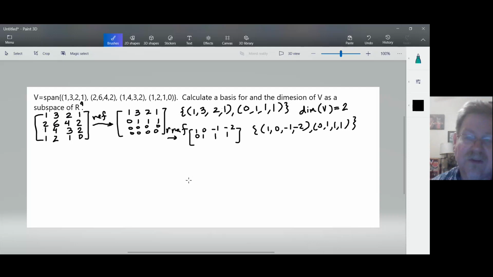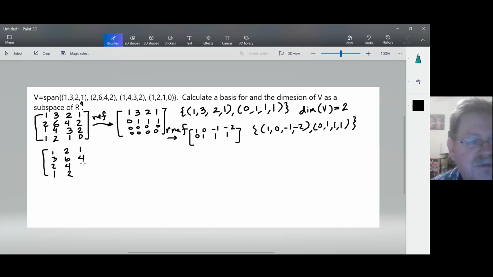Now, I said one of the ways of addressing this would be to think of the vectors as the rows of a matrix, but of course, we could have also thought of them as columns. So we could have gone this way, and this would have been fine too. We can think of each of the vectors given in the problem as the column of a matrix.